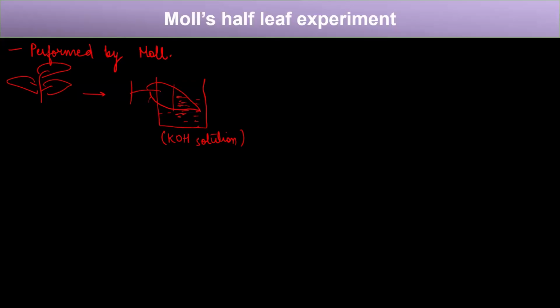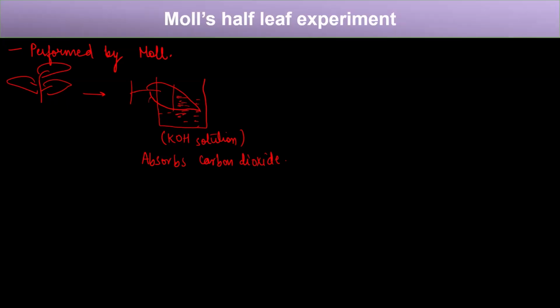Okay. Now, what does this KOH do? This KOH absorbs CO2. So KOH absorbs carbon dioxide. Meaning what? Meaning that the leaf that is dipped into the KOH solution, in that region no carbon dioxide will be accessible.